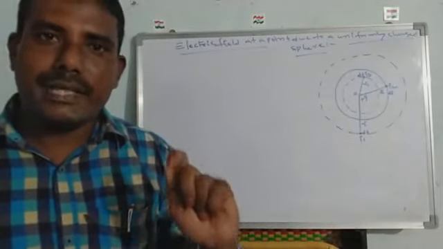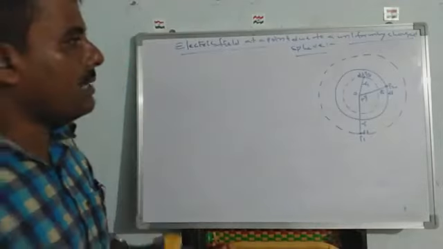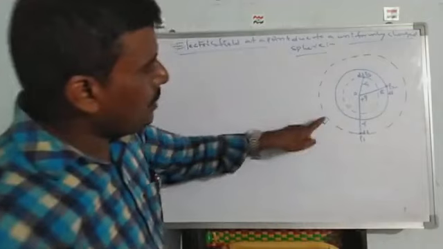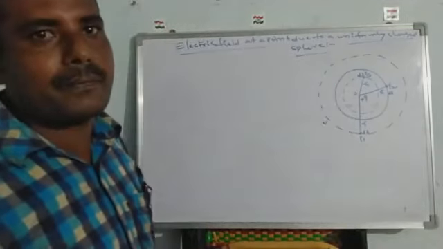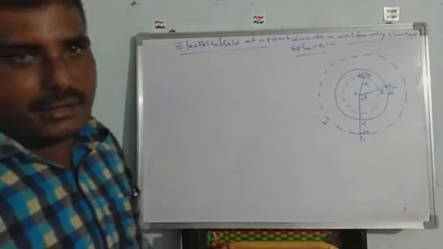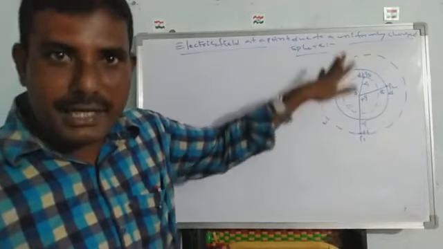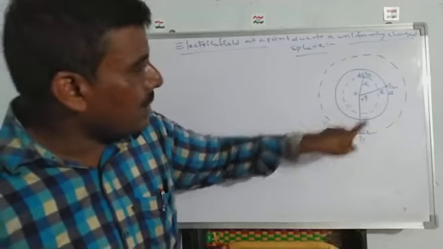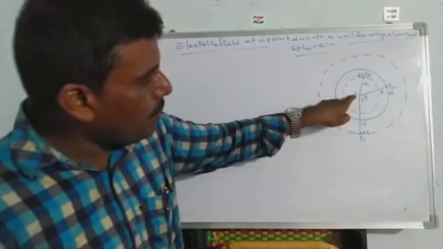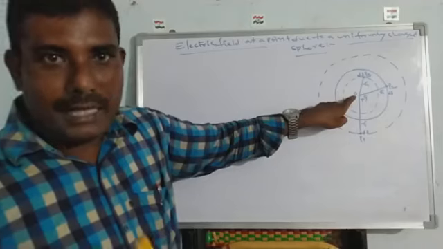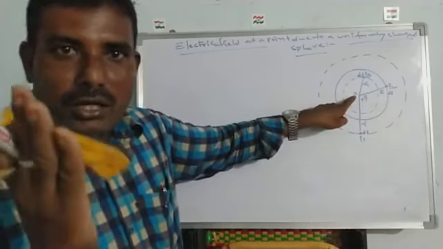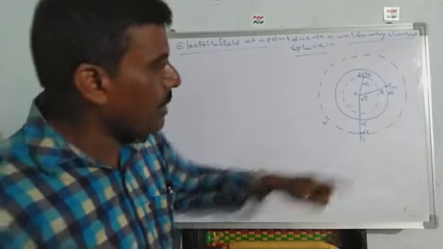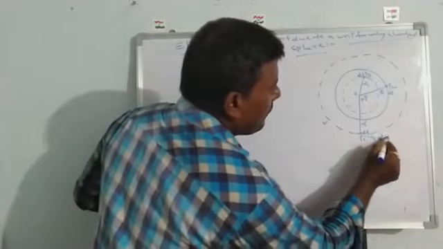We can imagine a Gaussian surface, an imaginary surface, outside the sphere at a point P1, at a distance r from its center point O. The electric flux through a small elemental area ds at the point P1 is d phi 1.